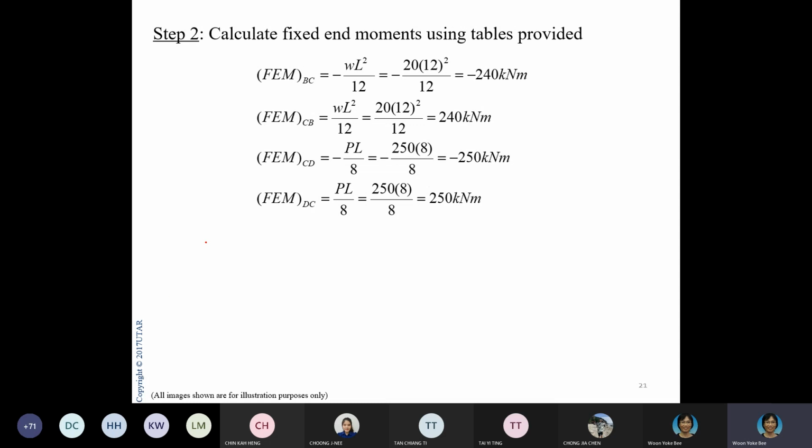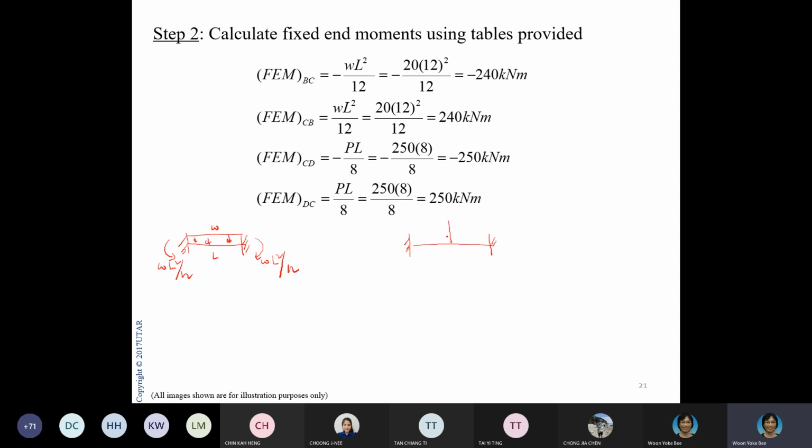So you go to your table, and they are all fixed. This is W, this is L, so this is WL squared by 12.